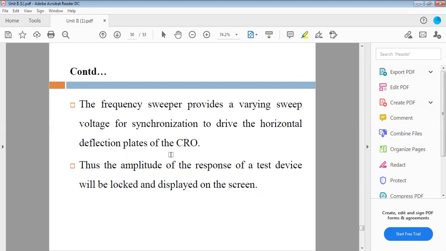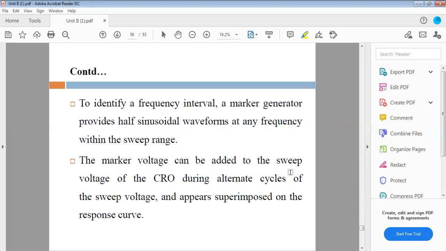Again here, how we are indicating the time? By using the time marker generator. Thus the amplitude of the response of a test device will be logged and displayed on the screen. To identify a frequency interval, we are having a marker generator.